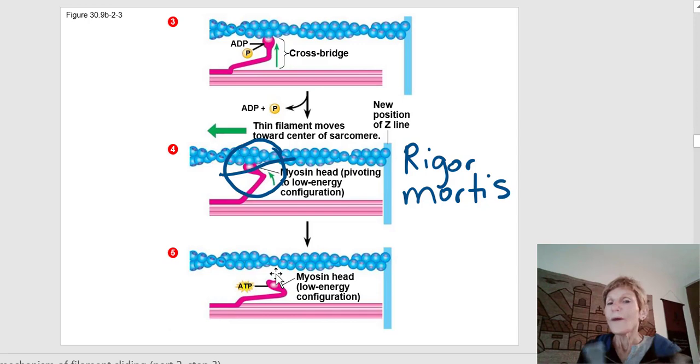One thing I've always thought about was if you have somebody that has gone into rigor and their finger was like this, which is kind of morbid, how could you get it to move up? Well, besides trying to break it, you could actually inject ATP. And if you inject enough of it, you might be able to get it to open up, although it might come right back down.